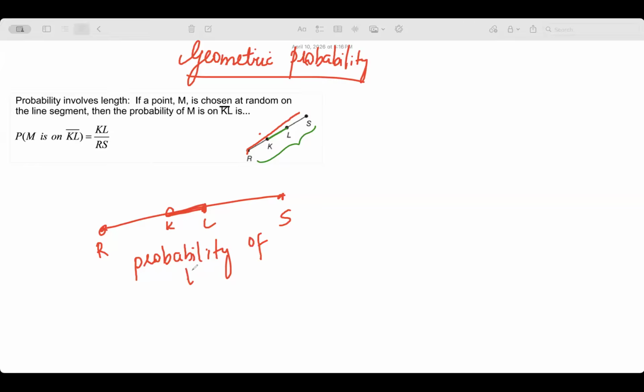If I'm going to pick a point on this line RS, what is the probability that it will lie on this KL?